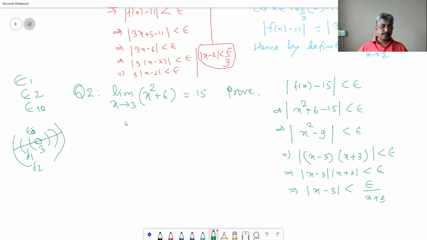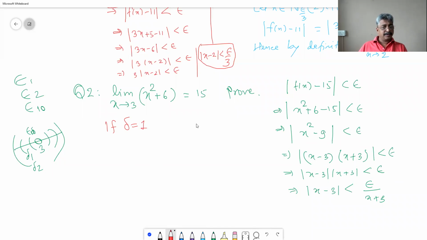Suppose we take delta is equal to 1, what does this mean?